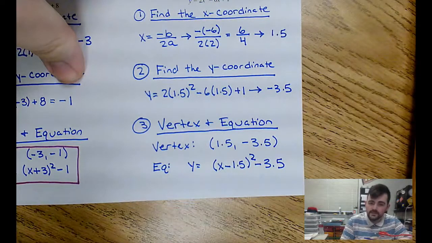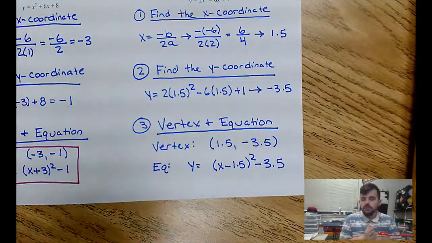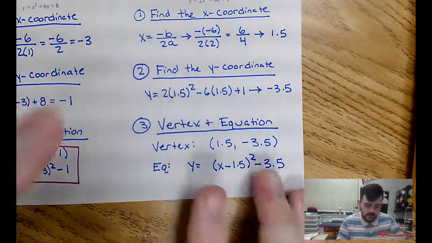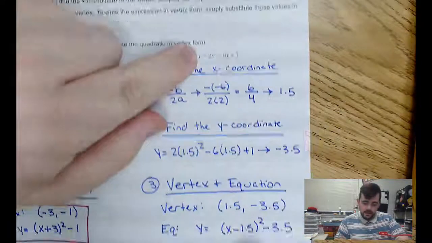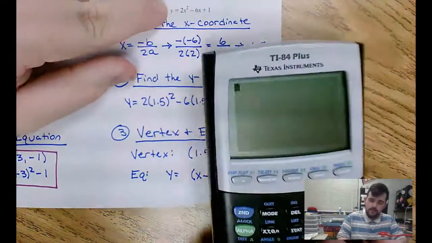Now, there's actually one more piece that we're missing here. I want to show you how you can check your work. Now, if you're at home and you have Desmos, you can type this into Desmos. But I'm just going to use my calculator.